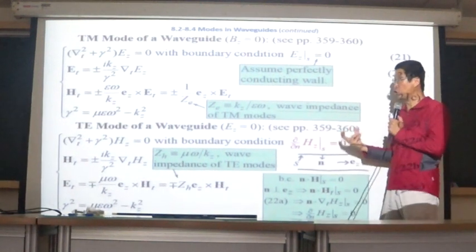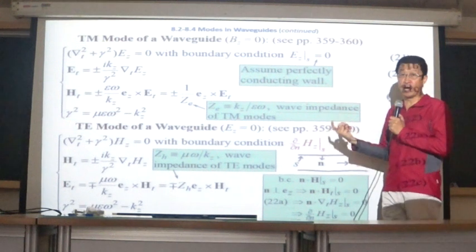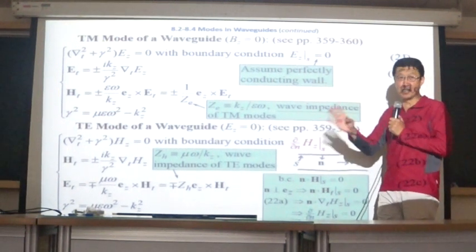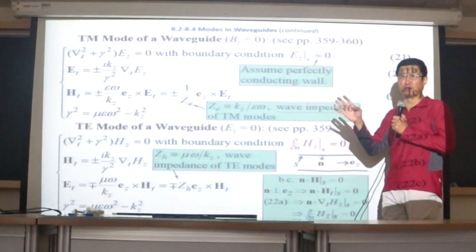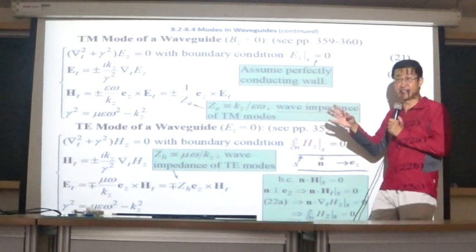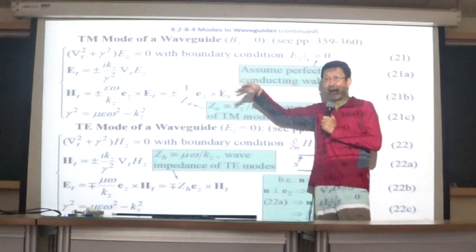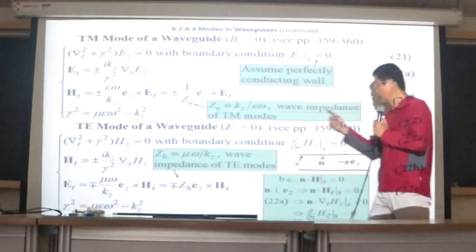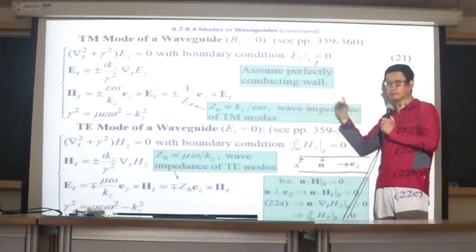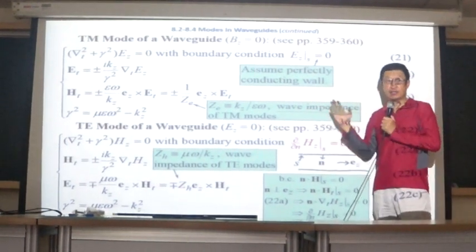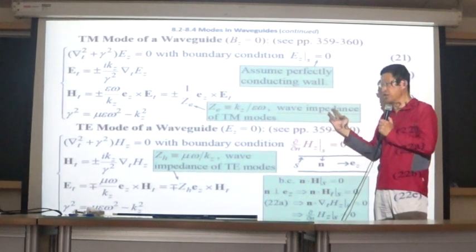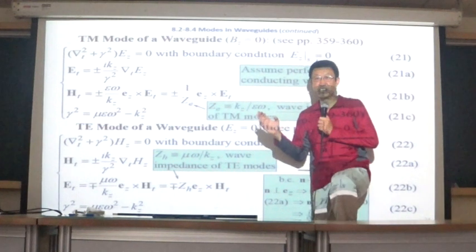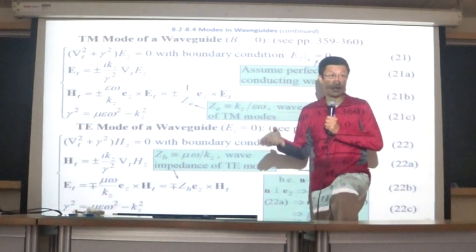Actually, it's a ratio between E and H. It's not I and V, so you cannot say resistance. You can say it's a ratio between E and H. So you use another name, impedance. However, the dimension of impedance is exactly the same as resistance.